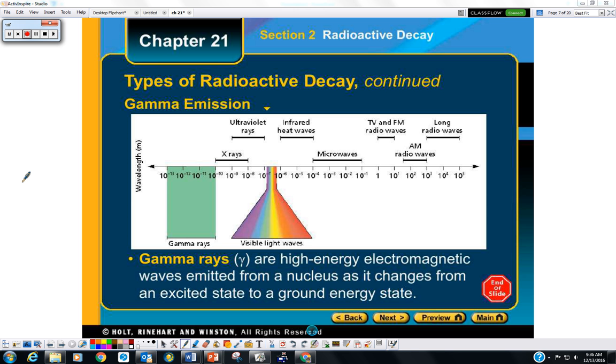These are very high energy electromagnetic waves that are emitted from the nucleus. Now, since I'm saying a wave, all right, so electromagnetic wave, is any mass going to be associated with this?